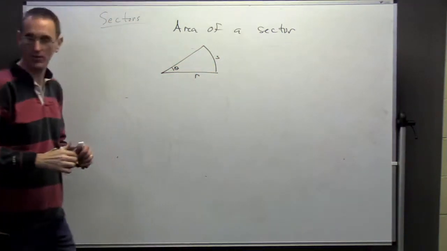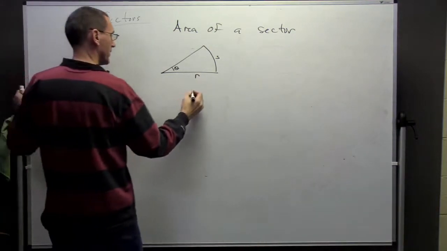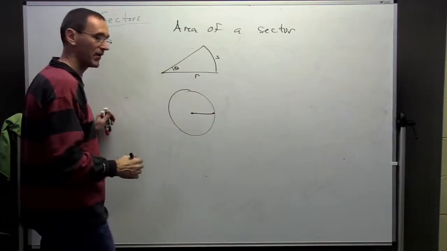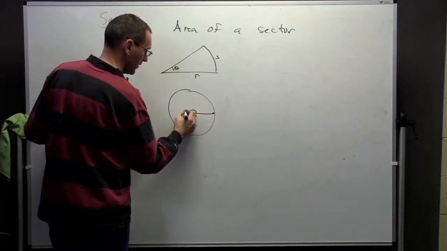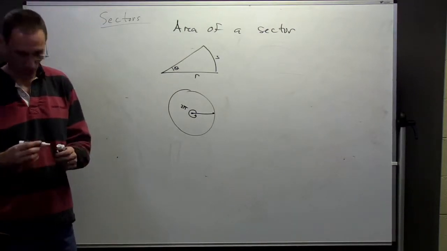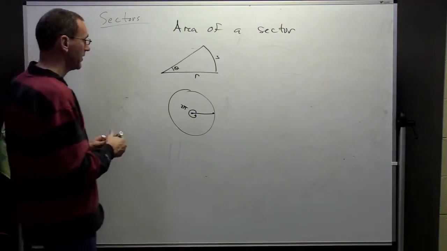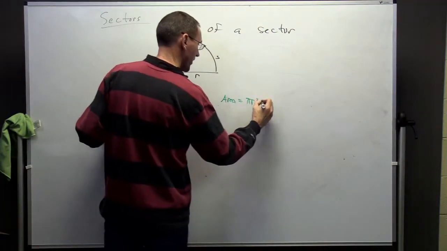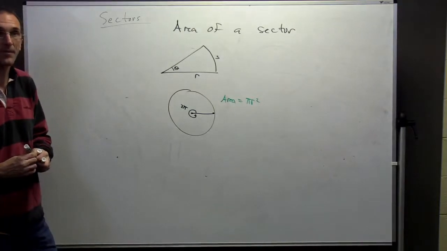I have some sector. I think of a full circle as a sector where the angle is 2 pi, or 100% of a circle. And my area here is going to be pi r squared.